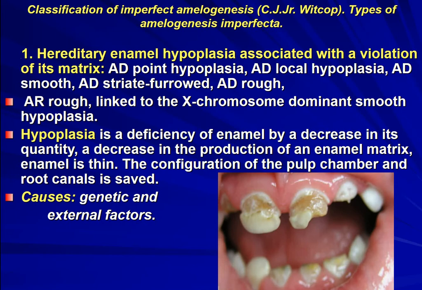Classification of imperfect amelogenesis by Witkop. Types of amelogenesis imperfecta: hereditary enamel hypoplasia associated with a violation of its matrix.